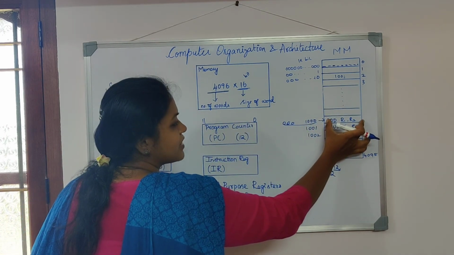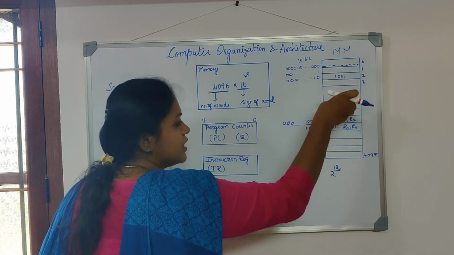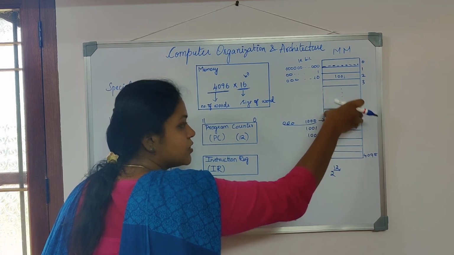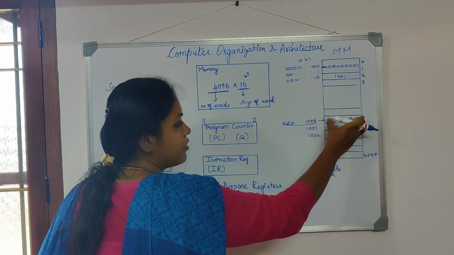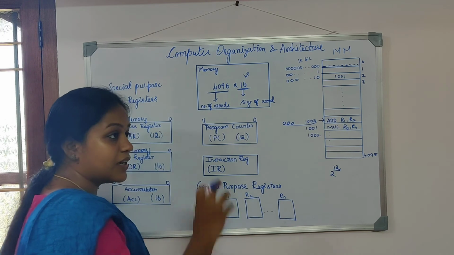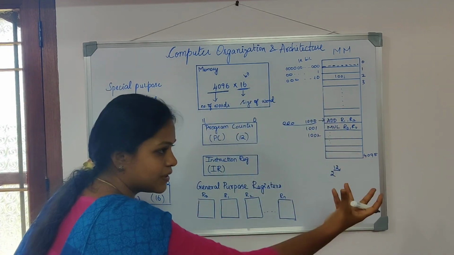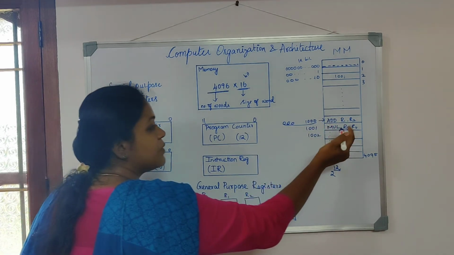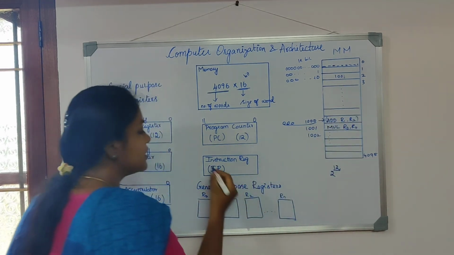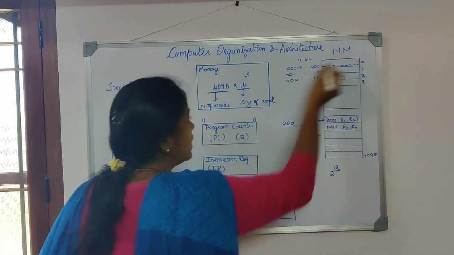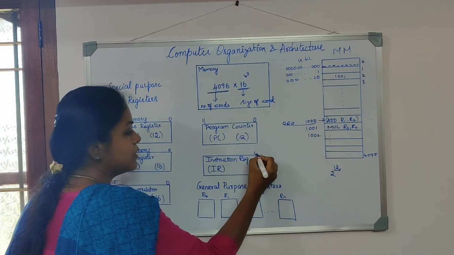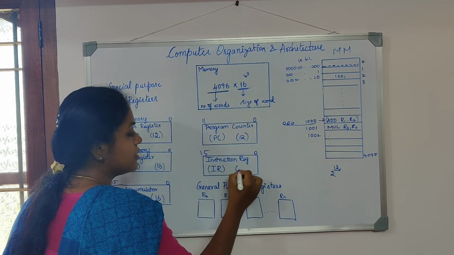So what is the instruction? It is actually data, part of the memory. What will be the size of the instruction? Again the size of the word. The size of the word is 16-bit, so 0 to 15.